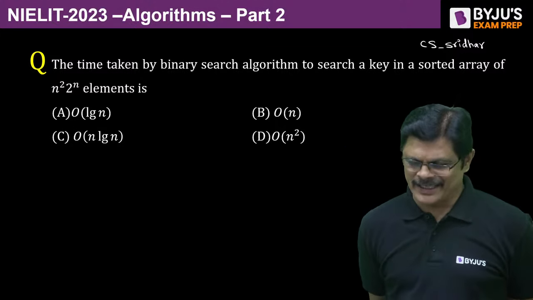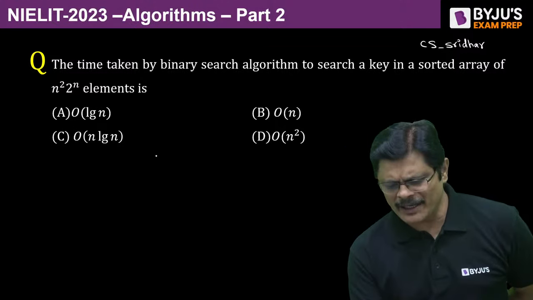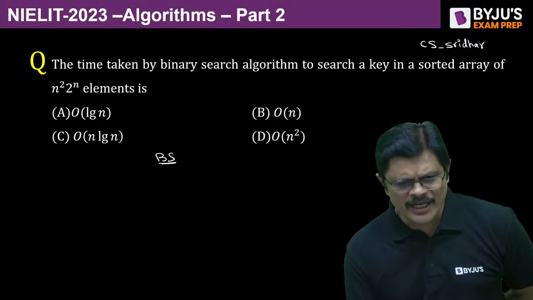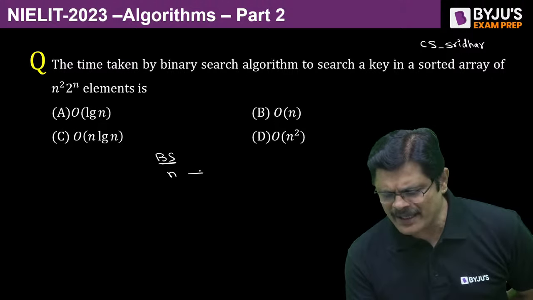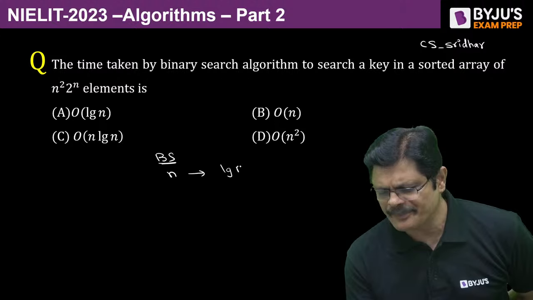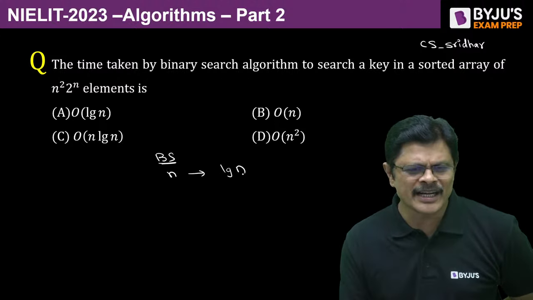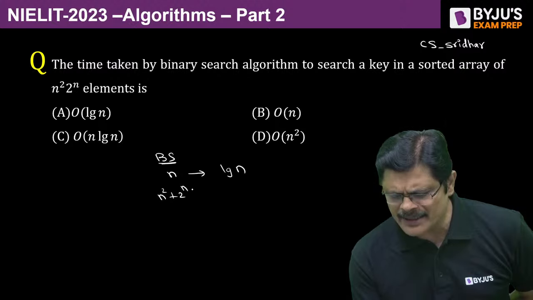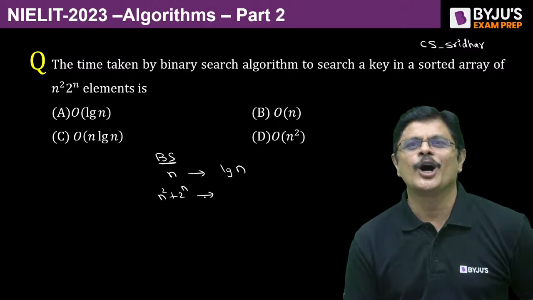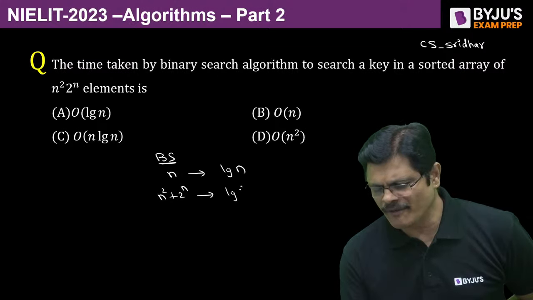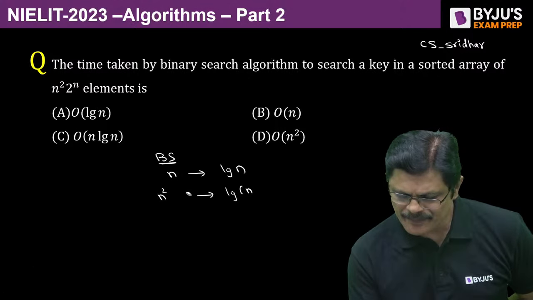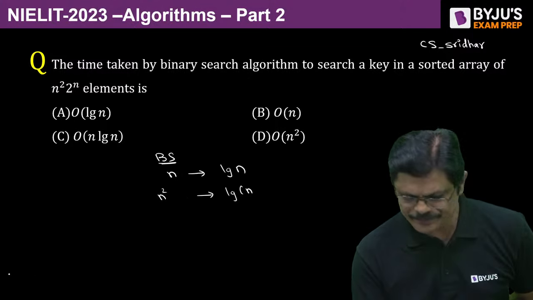Nishu says order n. Wonderful, sir. Normally, if you have a sorted array of n elements, binary search takes log n time. So for n square into 2 power n terms, how much time does it take? Log of n square into 2 power n, not plus.